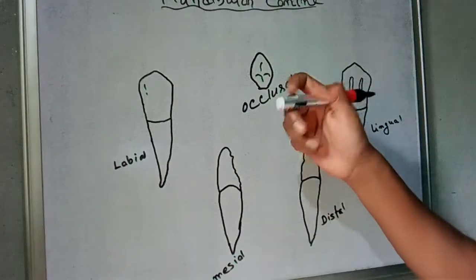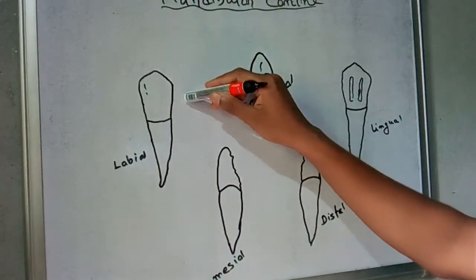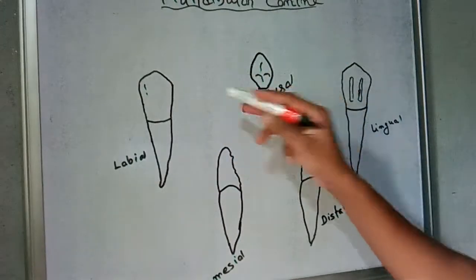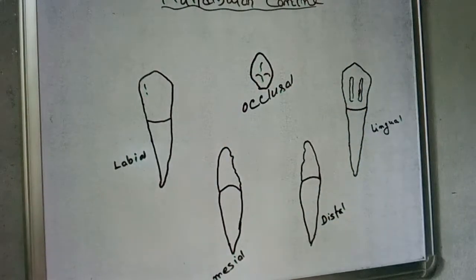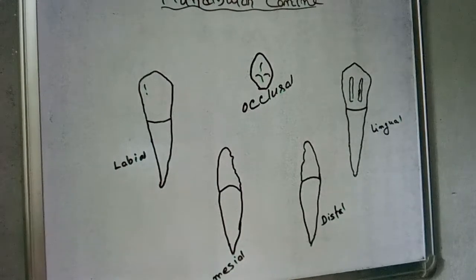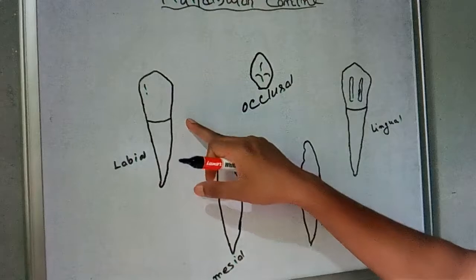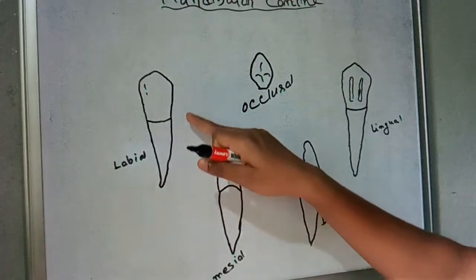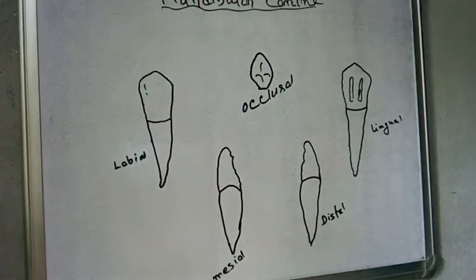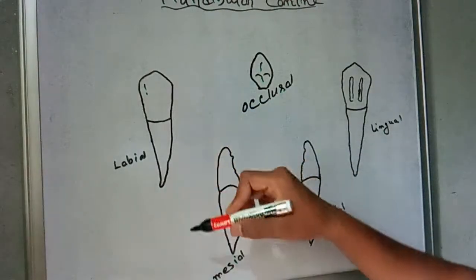The distal contact area of the mandibular canine is more towards the incisal aspect. The cervical line labially has a semicircular curvature apically, and the root is shorter than that of the maxillary canine. That was the labial aspect.